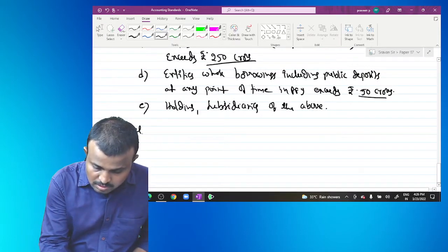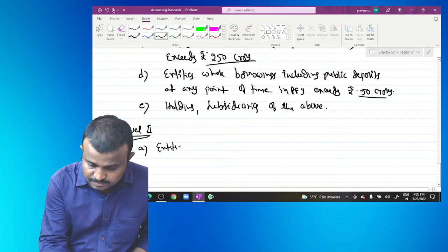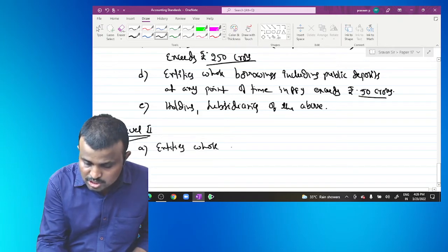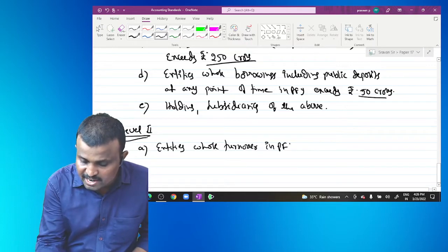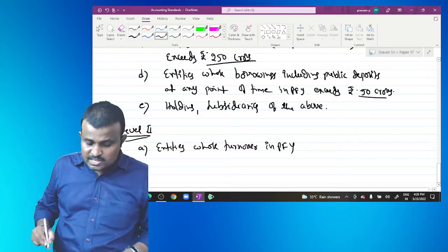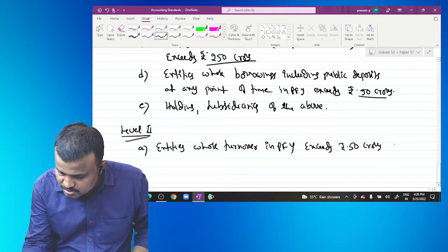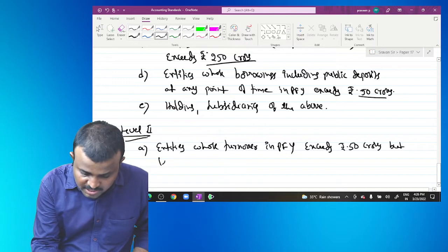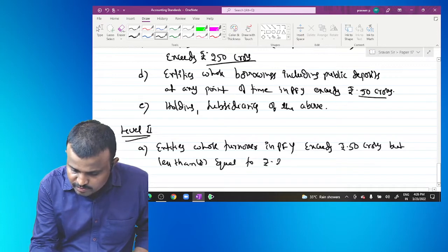Level 2 enterprises. So entities whose turnover in the preceding financial year exceeds 50 crores but is less than or equal to 250 crore.